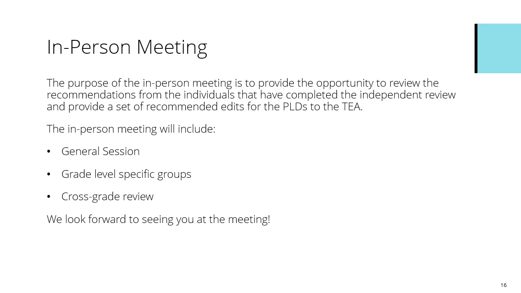Finally, once a single set of recommendations is completed, we'll have the opportunity to look at the PLDs across the grades and see if there are any recommendations that need to be provided to improve the articulation of the PLDs across the grades from 3 through 8 to English 1 and English 2. It is very important that you complete the independent review prior to coming to this meeting because there's not going to be time during the meeting to do the in-depth review that you need to be doing. We look forward to seeing you there and working with you.